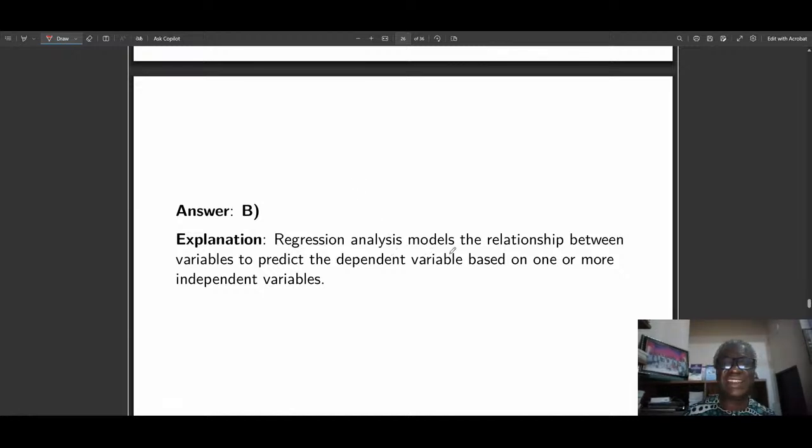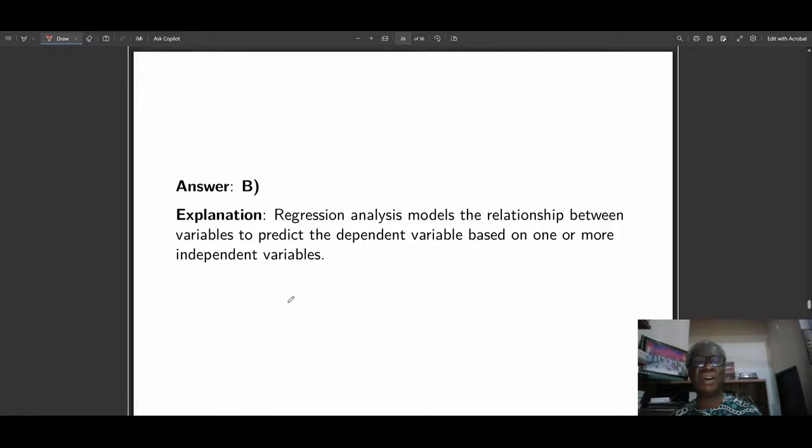Regression analysis models the relationship between variables, so that you can predict the dependent variable based on one or more independent variables. So regression is for prediction, correlation is for measuring association, measuring relationship.